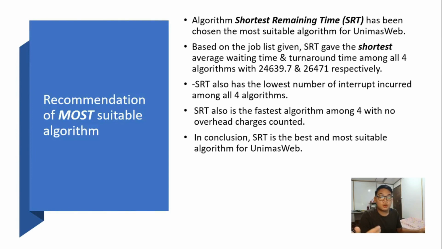Our recommendation for the most suitable algorithm for Unimas Web is shortest remaining time. Based on the job list given to us, which is job list 2, shortest remaining time gave us the shortest average waiting time and the shortest average turnaround time among all four algorithms, with 24,639.7 and 26,471 respectively.